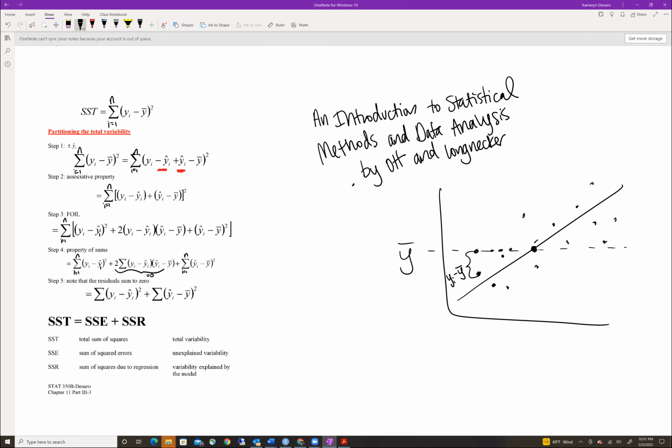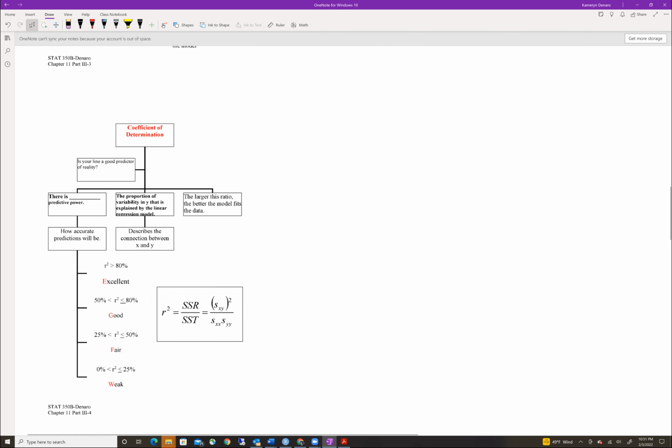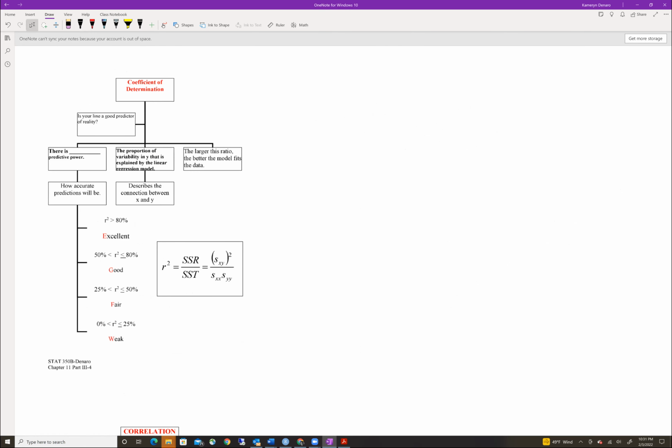Once you do this, you could then calculate your coefficient of determination. So we have SST equals SSE plus SSR. If we divide each of those pieces by SST, what do we get?